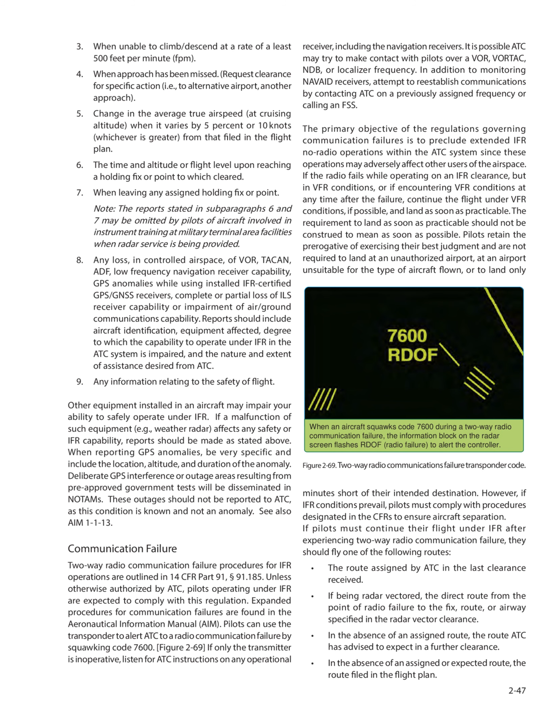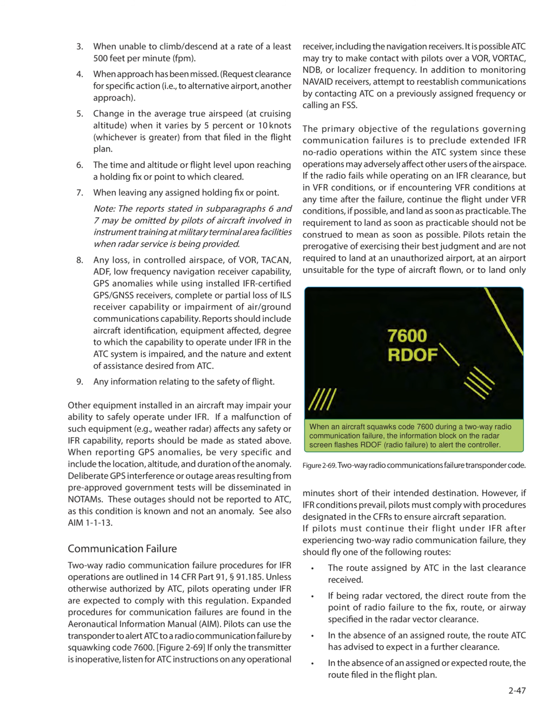Communication failure. Two-way radio communication failure procedures for IFR operations are outlined in 14 CFR Part 91, Section 91.185. Unless otherwise authorized by ATC, pilots operating under IFR are expected to comply with this regulation. Expanded procedures for communication failures are found in the Aeronautical Information Manual, AIM.